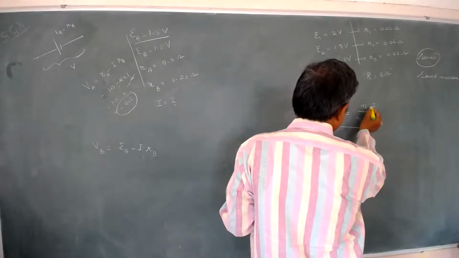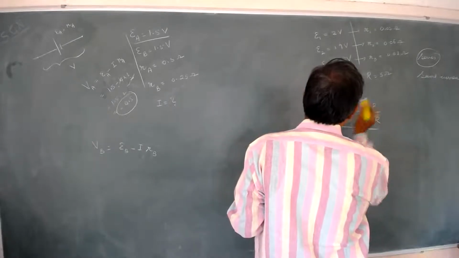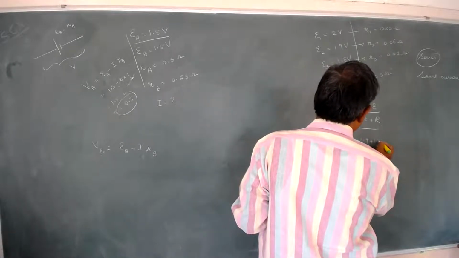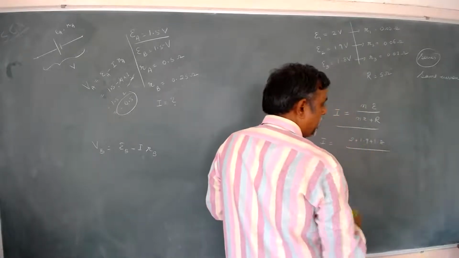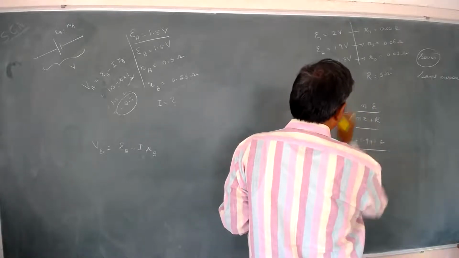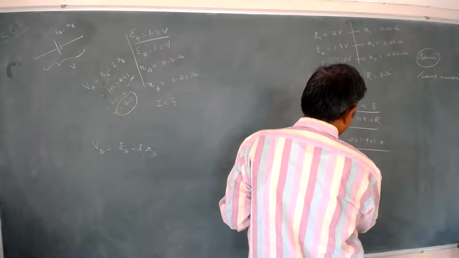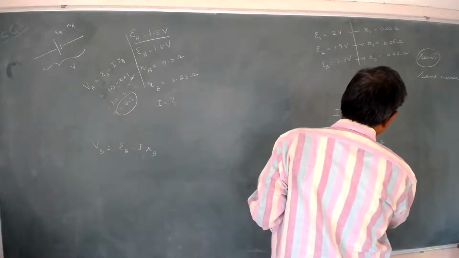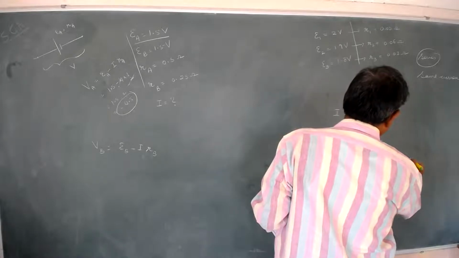So by use of this formula you can take epsilon 1 plus epsilon 2 plus epsilon 3, so this is 2 plus 1.9 plus 1.8, divided by the internal resistances R1 plus R2 plus R3, because in this combination, so that is 0.05 plus 0.06 plus 0.07 plus the external resistance.